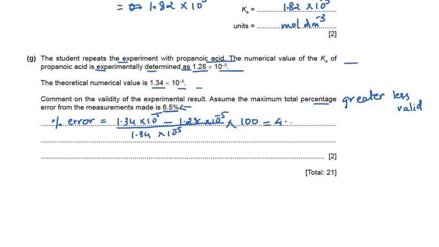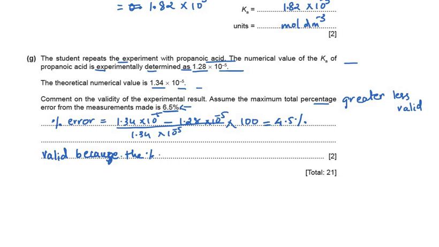That is 4.5%, and I'll say that the value is valid. The experiment is valid because the percentage error, I'm writing in short because I'm short of lines, but you can minimize it or calculate the percentage error in just one line and explain it properly.